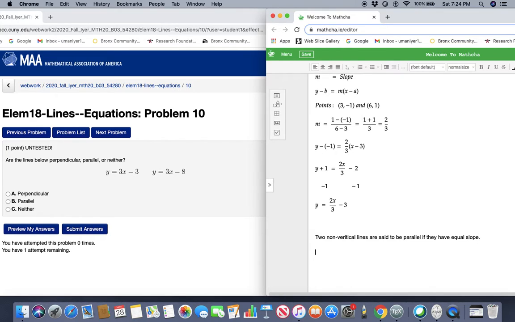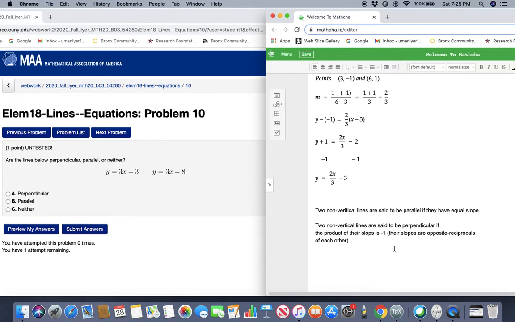Okay? 2 non-vertical lines are said to be perpendicular if the product of their slopes is -1. In other words, their slopes are opposite reciprocals of each other. So these are the 2 ways of detecting what happens when you have 2 non-vertical lines.